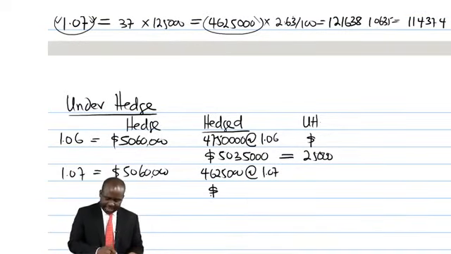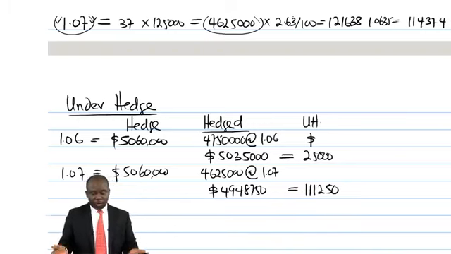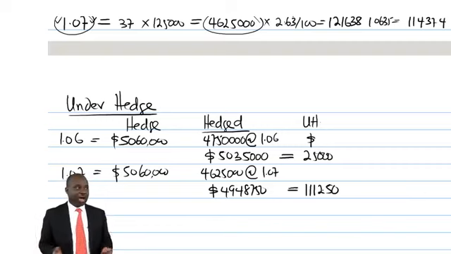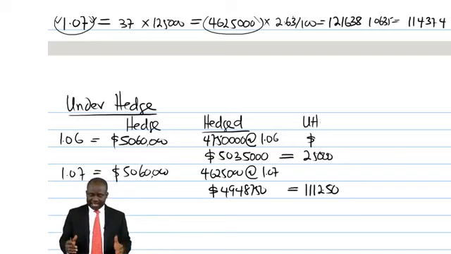And that is 4,625,123 times 1.07, and this is 4,948,750. What is the under? I take it from the 50.60, and that is giving me 111,250. If somebody over hedged it, you're going to have a slightly different figure in here. Okay, so that is the case.